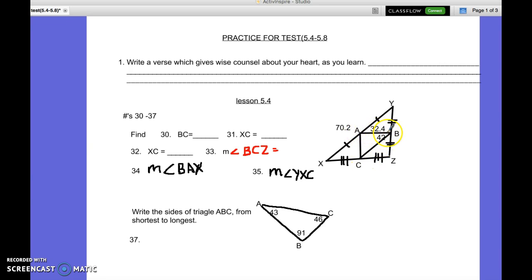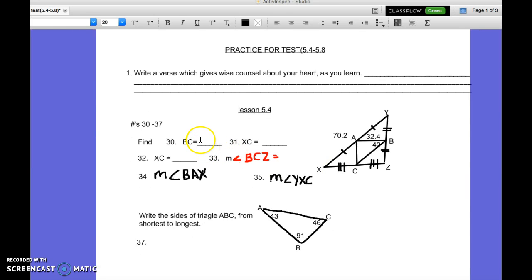And I trust you remember, even from the quiz you took, that BC is going to be not only parallel to the third side YX, but it's going to be equal to half of it. So if YX is 70.2, then BC would be a half of 70.2. What would that be?